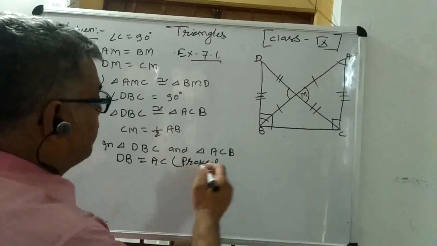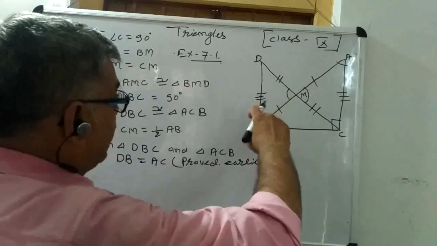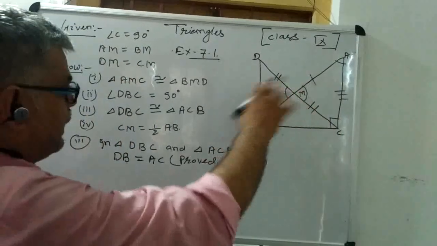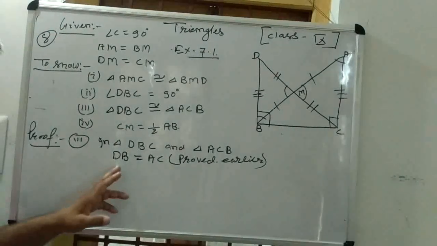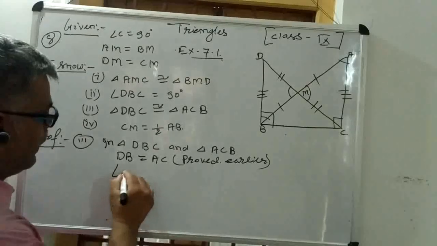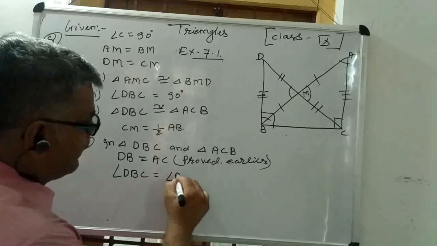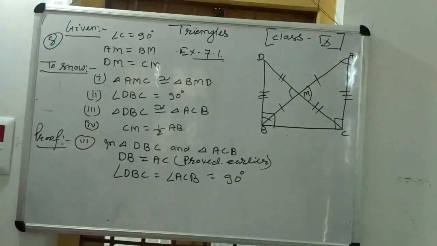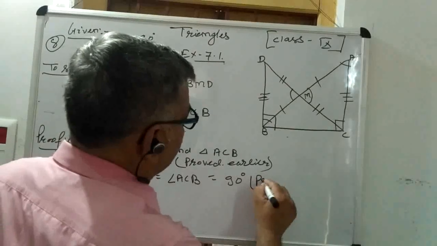So DB equals AC. Now thereafter we have angle DBC equals angle ACB equals 90 degrees, that is of a right triangle, which we also proved earlier.